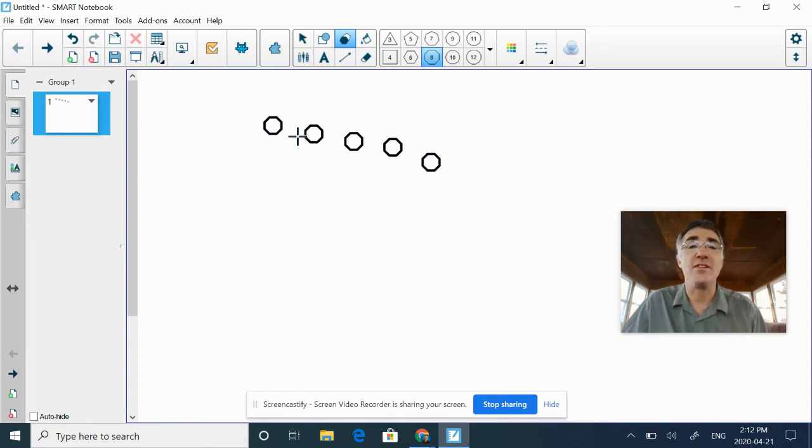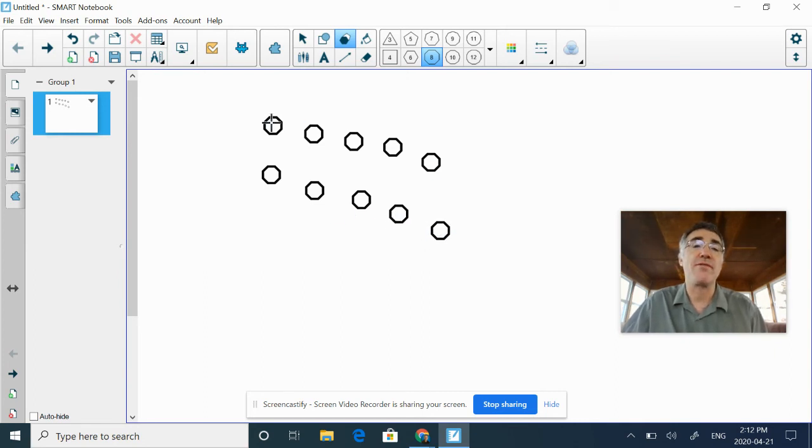Well, 8, 16, 24, 32, 40, 48, 56, 64, 72, 80. And so again, you can see I'm using my multiplicative reasoning as part of my additive reasoning.